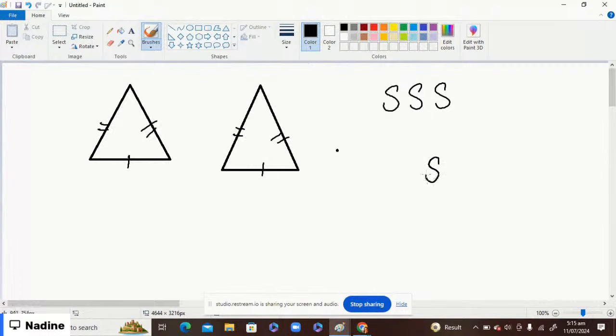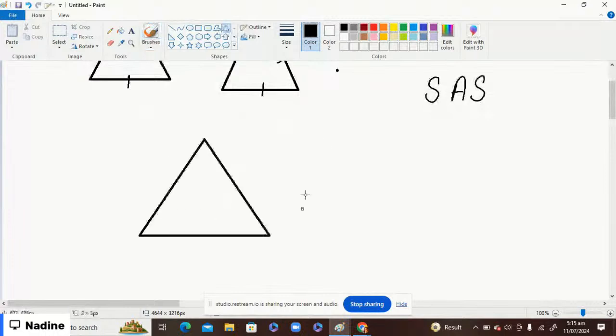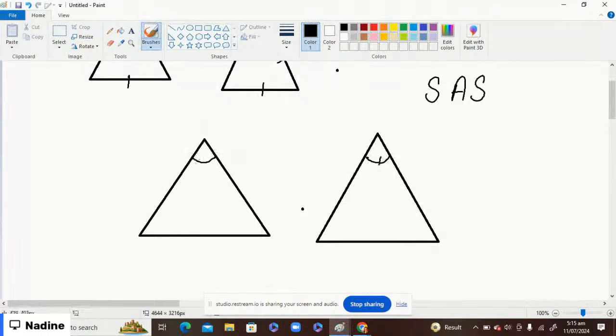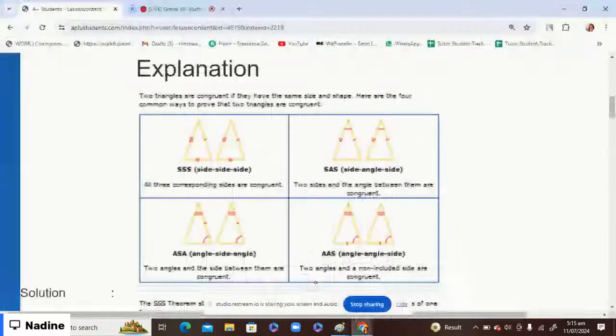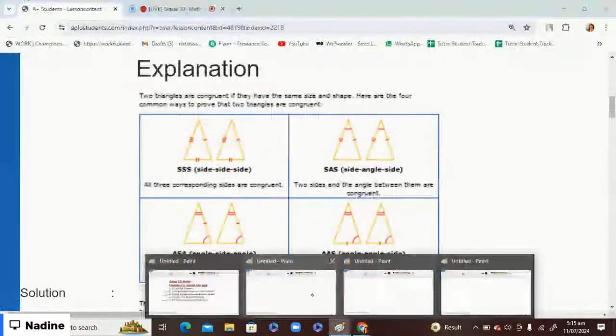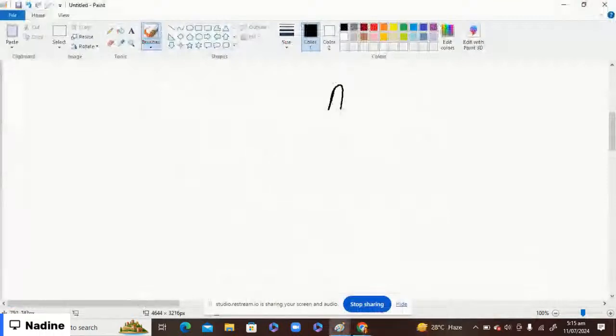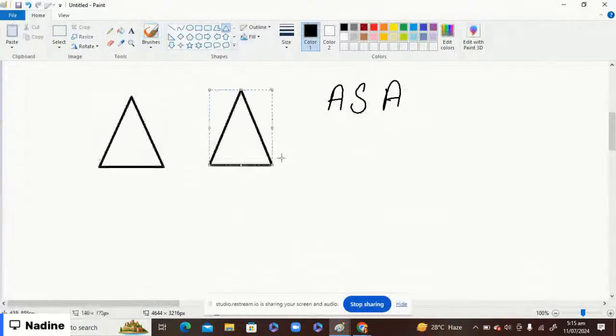SAS shows that you are going to compare two sides and one angle of the triangles. And in the third statement they are using ASA, which means angle-side-angle. You compare this one with this one, and then these two.